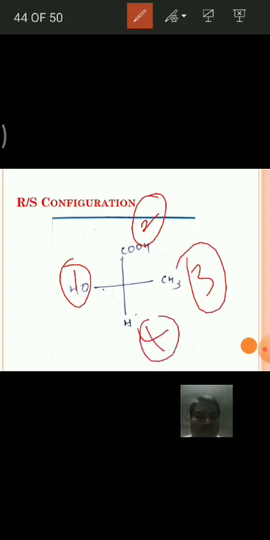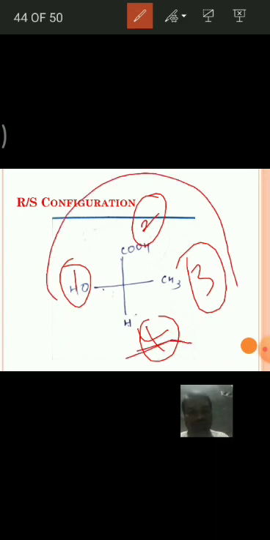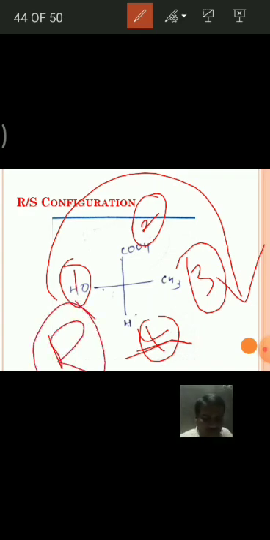The hydrogen is on vertical line. As the least priority group is on vertical line, no problem. 1 2 3 clockwise, hence R.